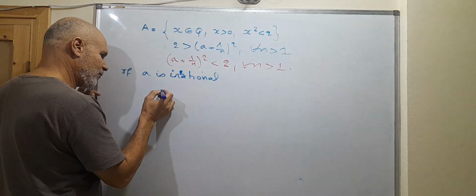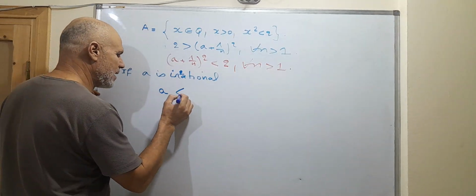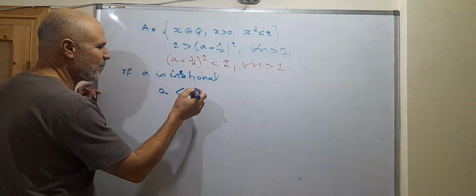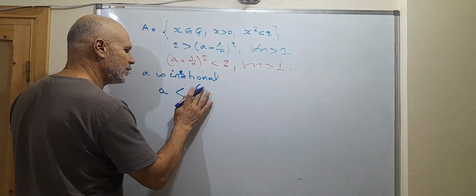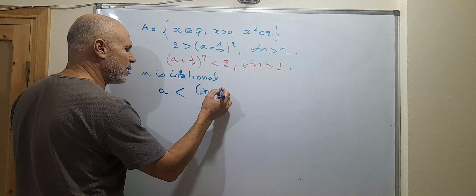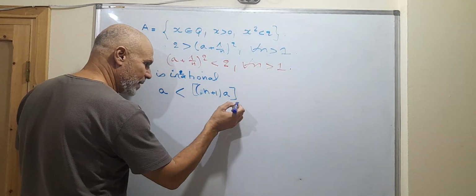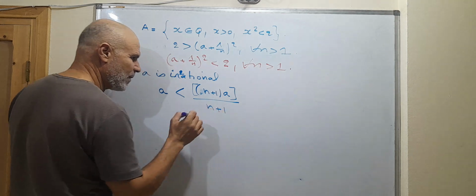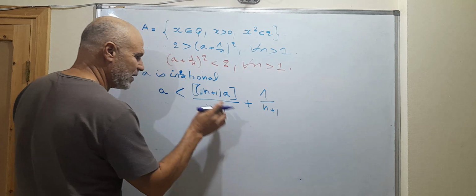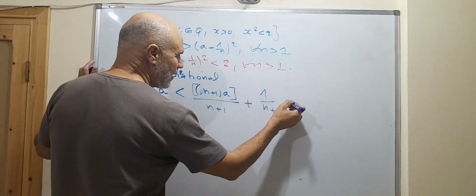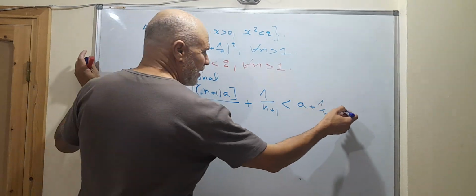We have a, and this is less than the integer part of n plus 1 times a, over n plus 1, and this is less than a plus 1 over n.